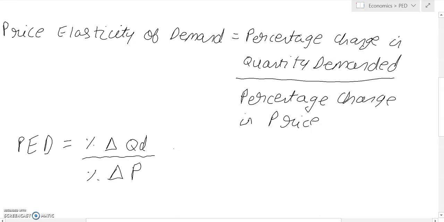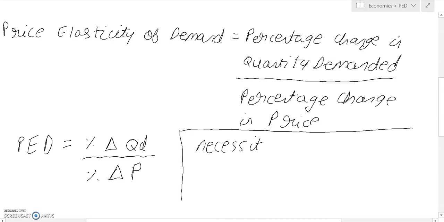The reason we do this calculation is that simply knowing there is an inverse relationship between price and quantity demanded is not good enough. We need to know the impact of changes in price on various different goods and services. Necessities are required for day-to-day living. We must have food, shelter, medicines. There is no compromise, no flexibility possible.